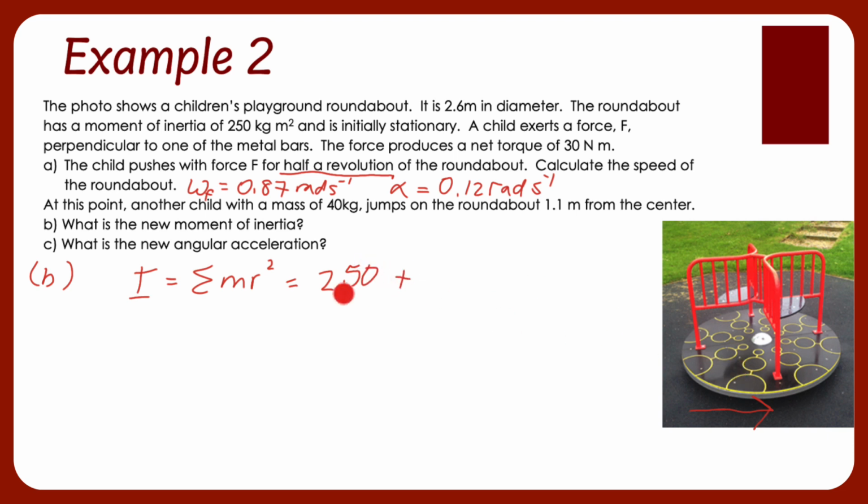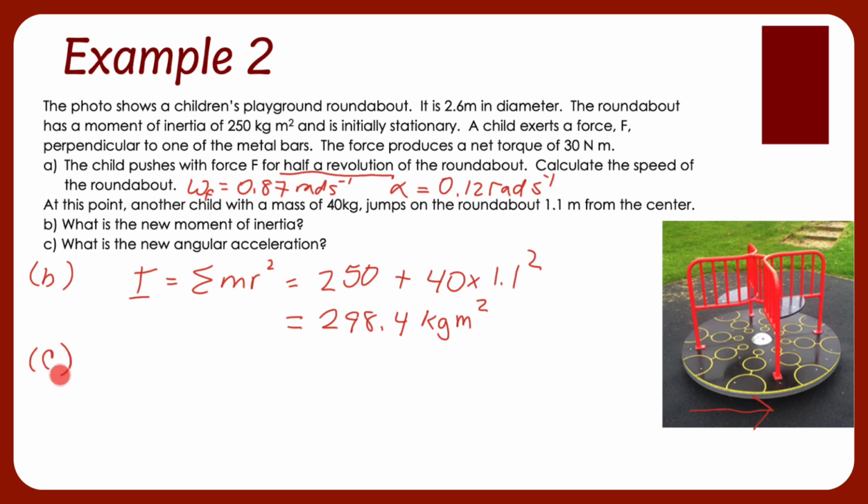So now I'm going to treat the child like it's a point mass, as in all of its mass is centered at this one spot that's 1.1 meters from the center. So I'm going to say 40 times 1.1 squared, and I'm going to add them together. It gives me 298.4 kilogram meter squared.